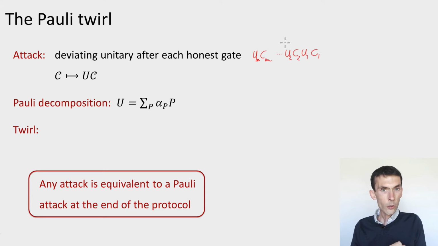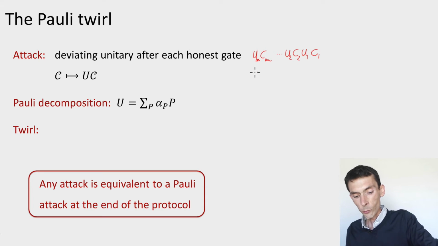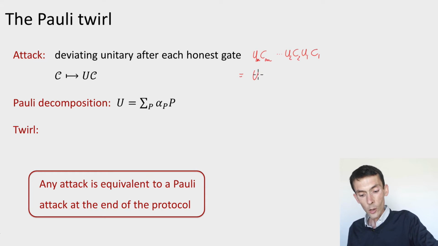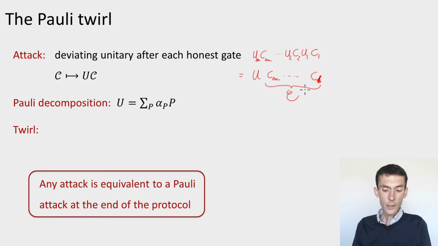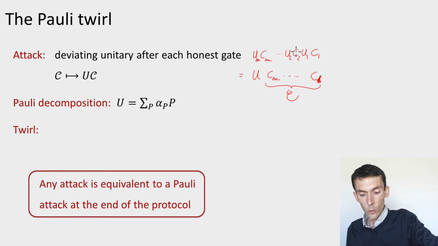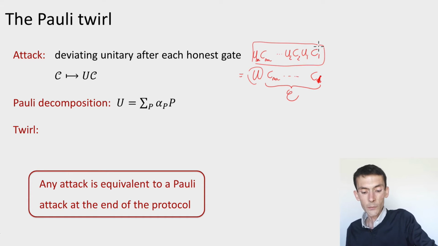And because all these are unitary operations, I can rewrite this in a different way. I can rewrite this as an arbitrary unitary U followed by the exact circuit that was supposed to be executed, Cm down to C1. The way I did this is simply by commuting the U's and changing their values. You can think that this last U basically undoes the whole circuit and then applies the unitary that was the real deviating attack.